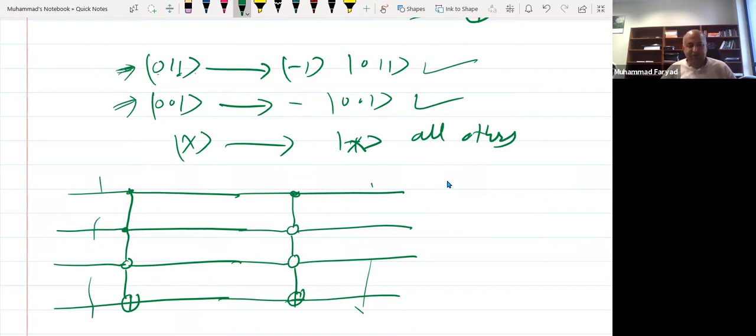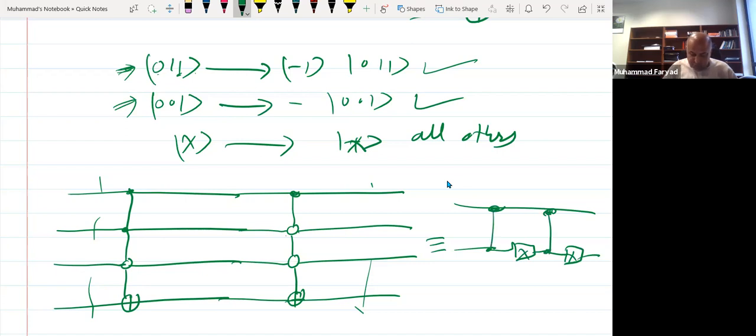And when I was talking about optimization, I was talking like this, because this means that these are two controls, and this is a whole. So it means there's going to be an X before and after this.